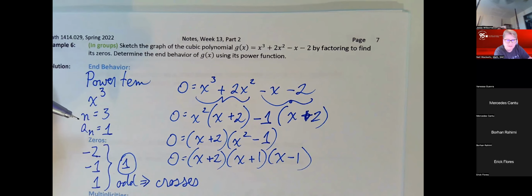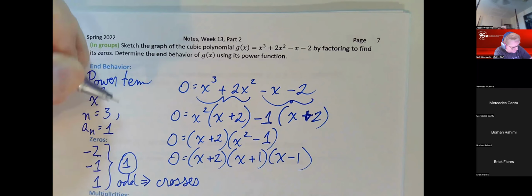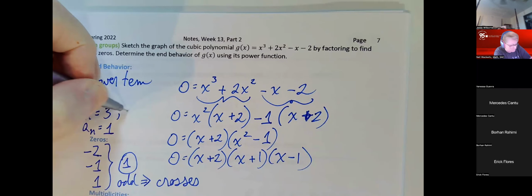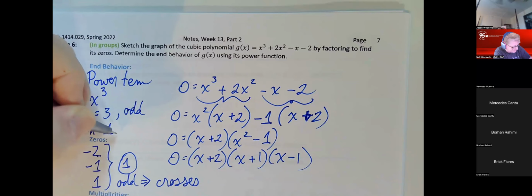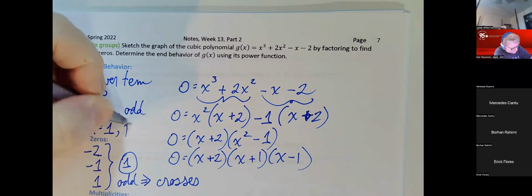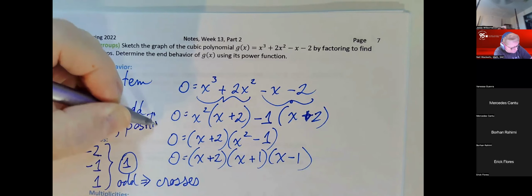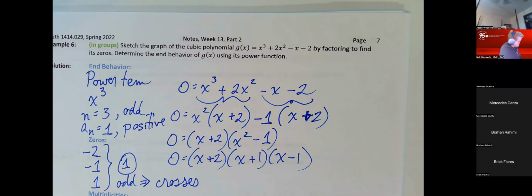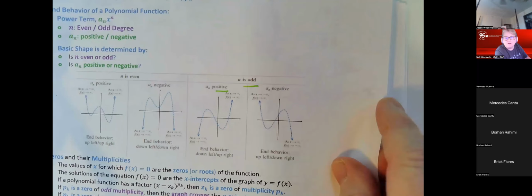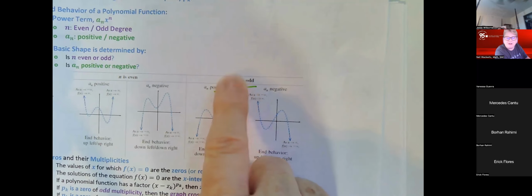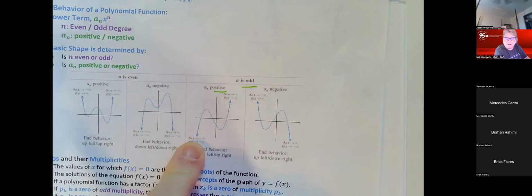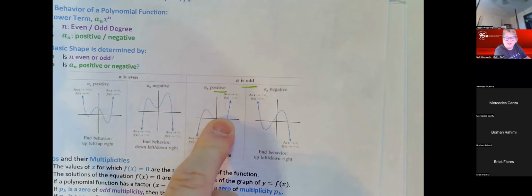What do we care about with n? That it's even or odd. Good. And a sub n? Positive. So we've been seeing that pattern a lot. Still, let's look at the chart. A sub n odd, a sub n positive, we're going to go down to the left and up to the right.